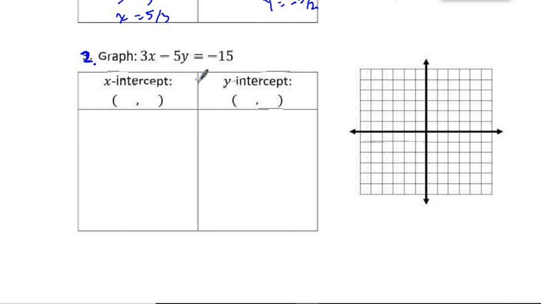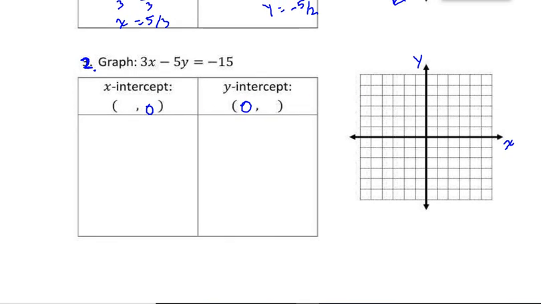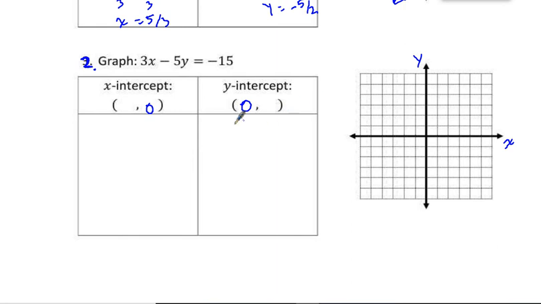Looking for the x-intercept, again we will substitute 0 in for y, and to find a y-intercept we'll substitute 0 in for x. And it's important maybe for you to write that every time you get started, to keep yourself organized.